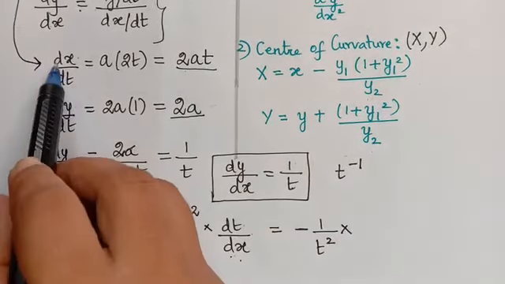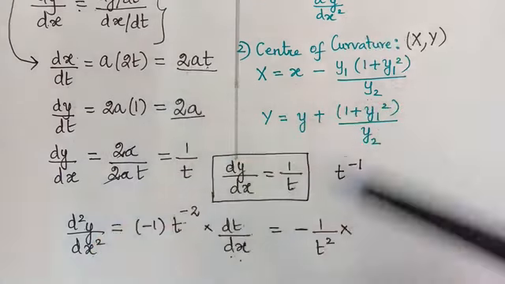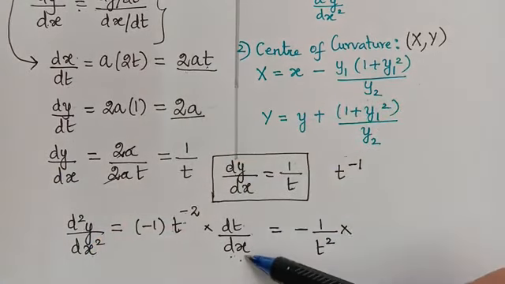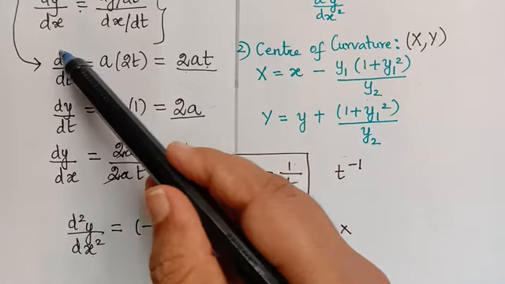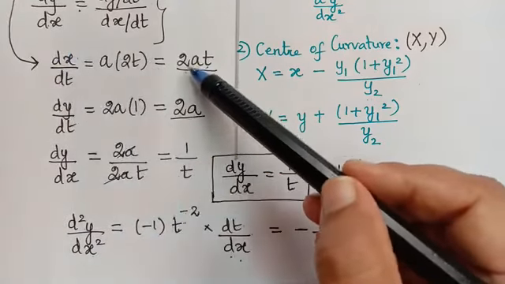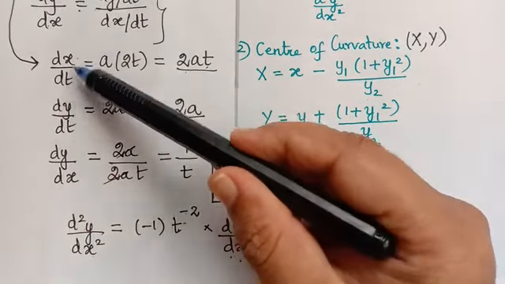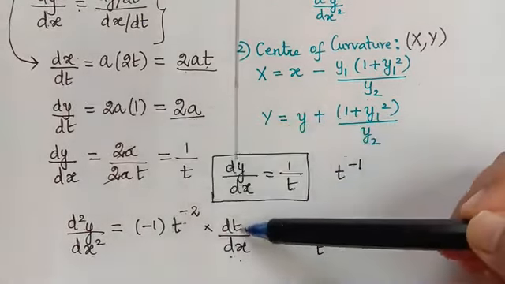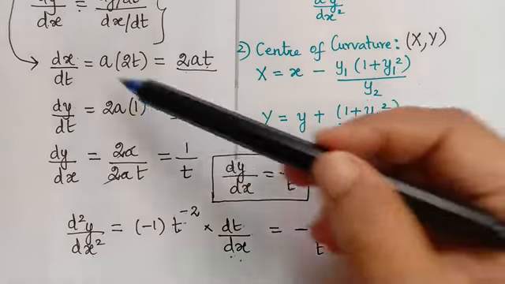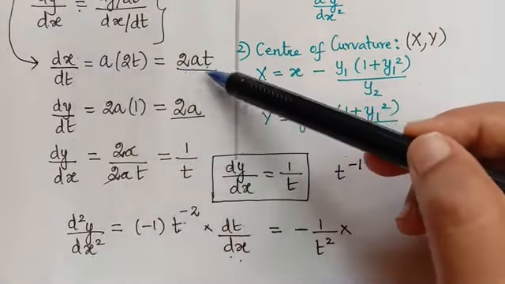Already we have found dx by dt to be 2at. Now we require dt by dx here, that is the reciprocal of this. What is the reciprocal of this? It is 1 by 2at. Because this is dx by dt and we want dt by dx, we have to remember to take the reciprocal, which is 1 by 2at.